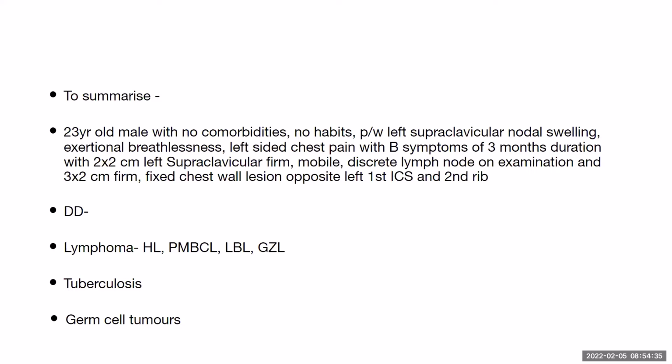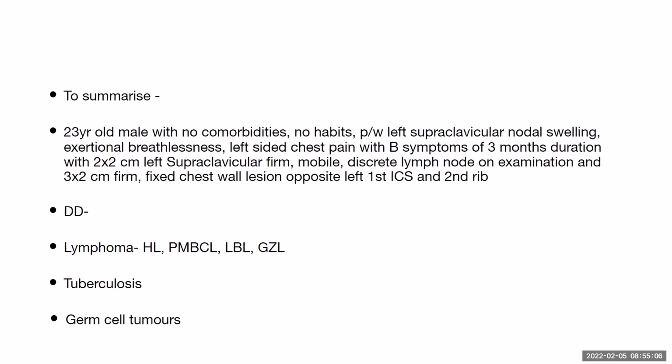So to summarize, a 23-year-old male with no comorbidities and no habits, with history of left supraclavicular nodal swelling, exertional breathlessness, and left-sided chest pain with B symptoms of 3 months duration, with a 2 into 2 centimeter left supraclavicular firm, mobile, discrete lymph node, and a 3 into 2 centimeter firm, fixed chest wall lesion opposite the left first intercostal space and second rib.